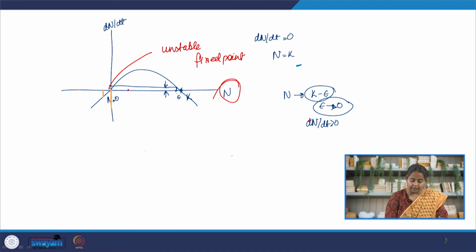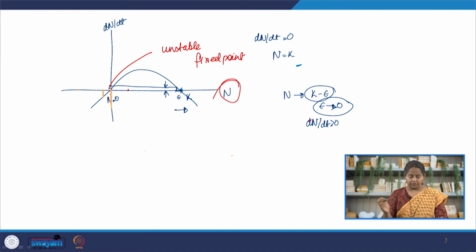So if I move this n slightly to the left, it's going to increase. Increase means it's going to move to the right. So if I move the n away to the left side from the fixed point, it's returning back in the direction of the fixed point, right? It's not moving away from the fixed point like it did in the case of n equal to 0.